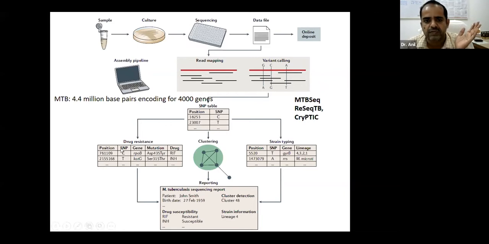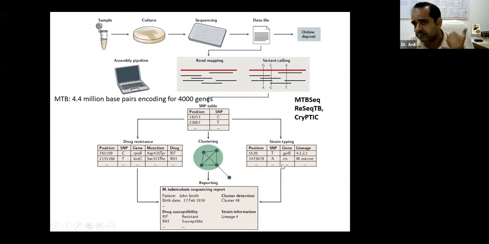These changes in the sequence of base pairs will ultimately tell you which gene is involved and the mutation that it confers. The mutation will also identify the amino acid change that happens. So if all these things are identified using this database, and once the mutation is identified, it also tells you whether it's clinically relevant, whether it confers phenotypic resistance also. So that way you get a susceptibility for different drugs based on the different genes where the SNP is identified.